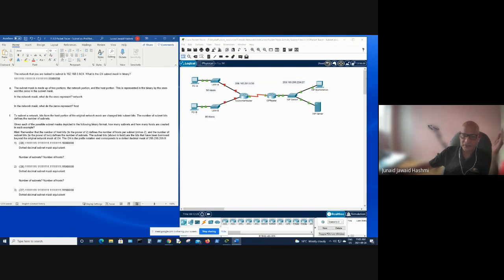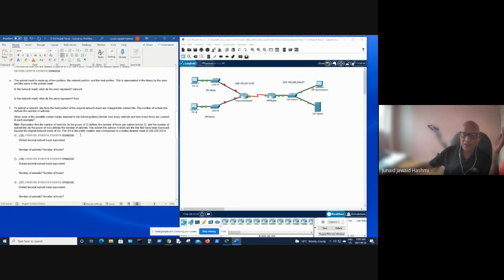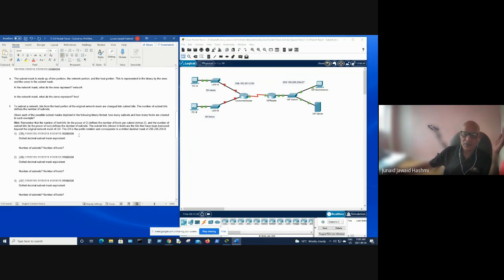Remember, the number of host bits defines the number of hosts per subnet. So how many host bits did you take from the host portion? If it's 1, your prefix would be 25.